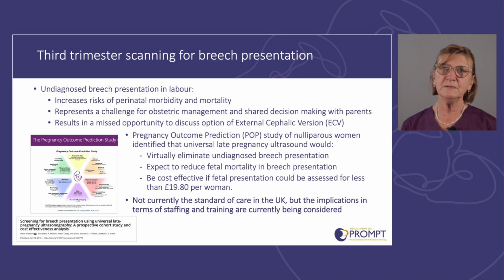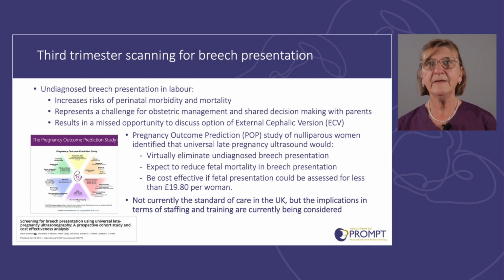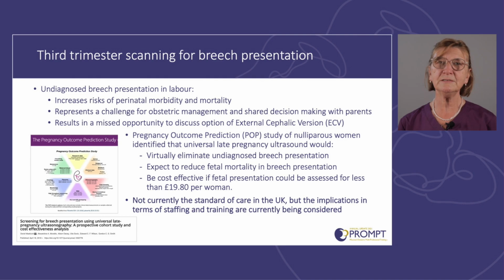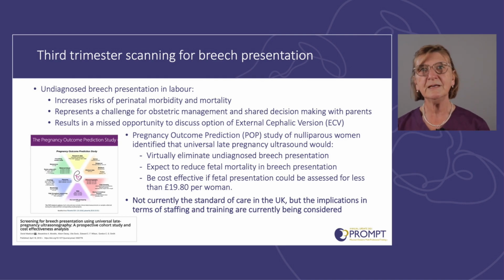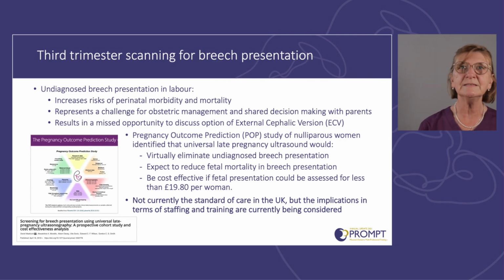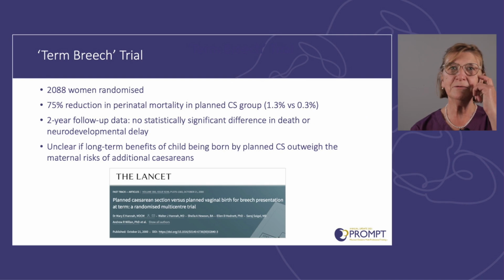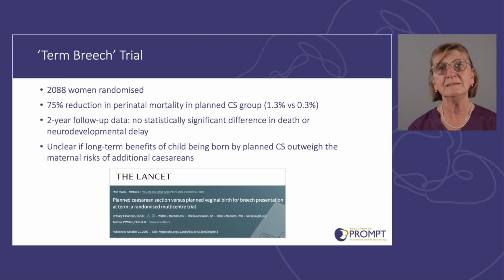It would also seem to be cost effective, at £19.80 per woman for the ultrasound scans. However, this is not currently standard care in the UK, but the implications in terms of staffing and training are currently being considered.